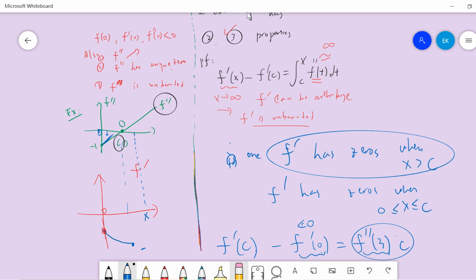So this is the possible shape of f'. It needs to decrease, and it needs to be negative. Then after that, f' starts to increase.